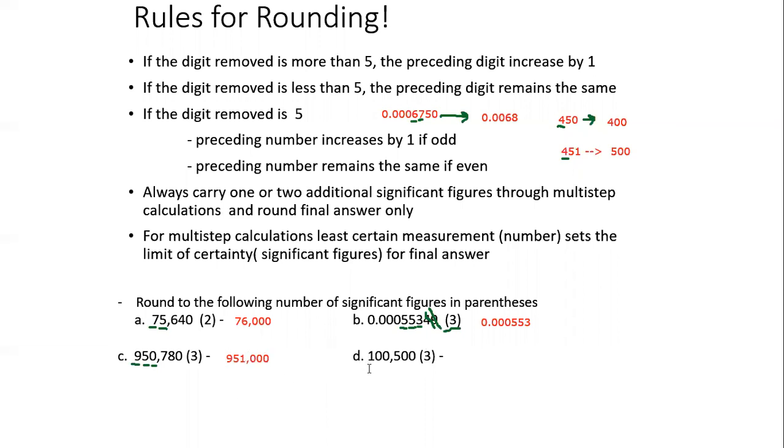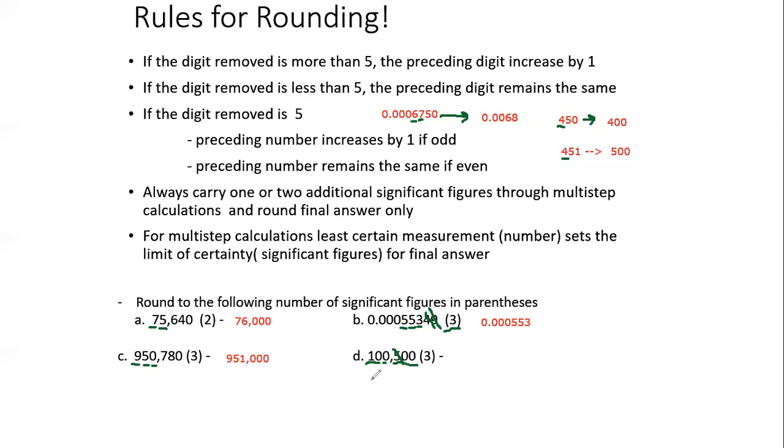And then lastly, we have 105,000, and we want to round to 3 significant figures. So we go 1, 2, 3. So after the 0 is exactly 5. And since 0 is even, we just drop the 5.